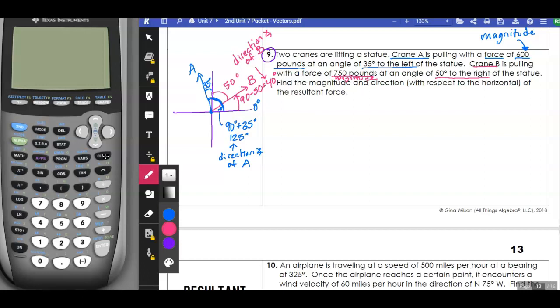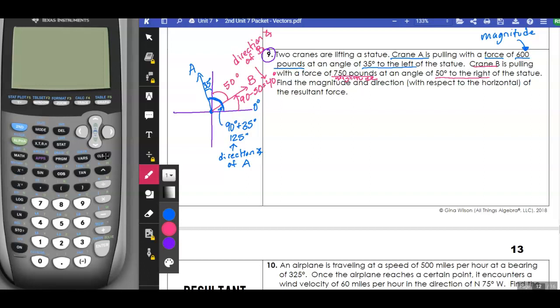How do we add vectors together? What form do the vectors need to be in? Component form. Are these in component form? No. They're not in any form. We don't even know what they are yet.